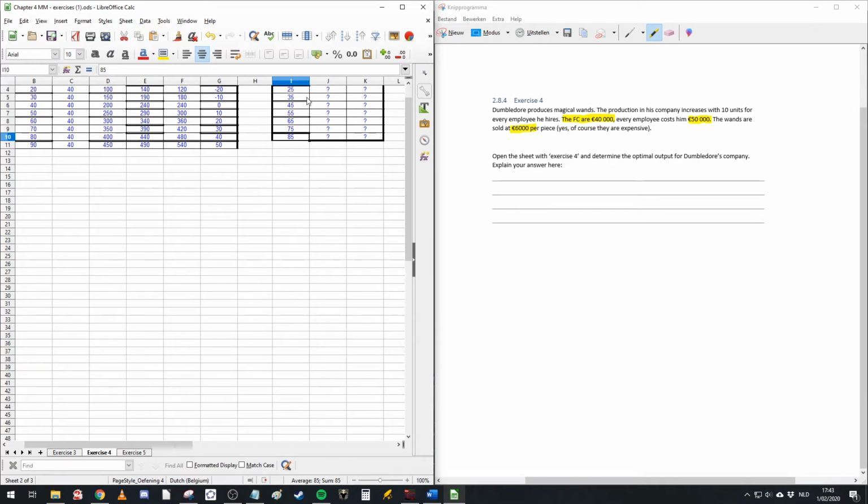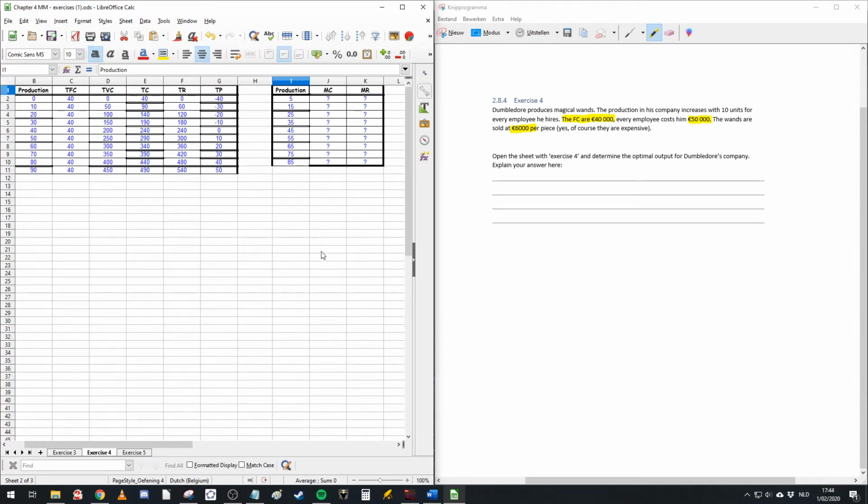So that's how we will deal with the production column. Just remember when you see MC or MR, this is always about change in production. We're working between the lines, so we'll have to use these numbers instead of these ones. Okay? Whew, all right. That was the hard part, I think.